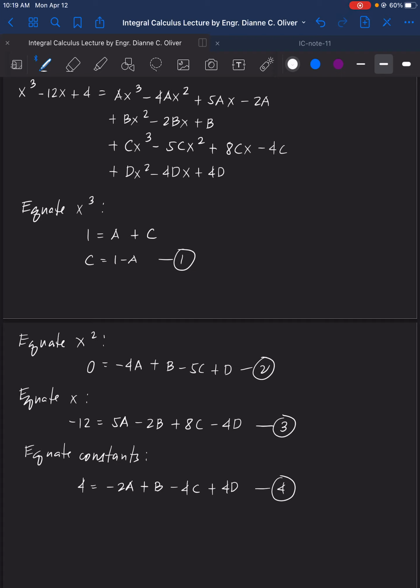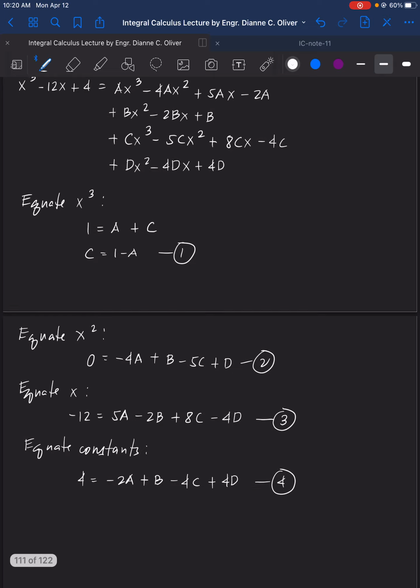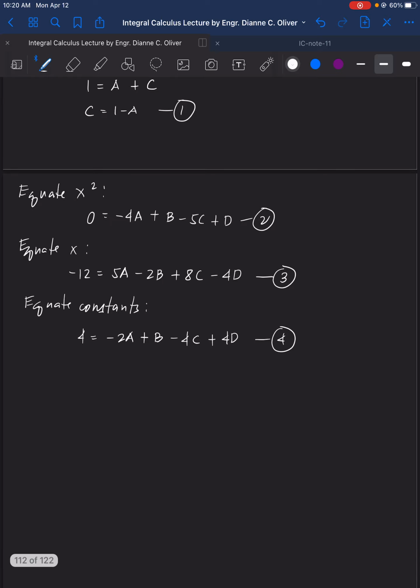Okay, so what will we do here? We will eliminate as much as possible the other unknown so as to have one unknown left. Okay, using these equations, what can we eliminate first? Let's eliminate d. So if we want to eliminate d, let's add equation 3 and 4 because it will cancel out d.